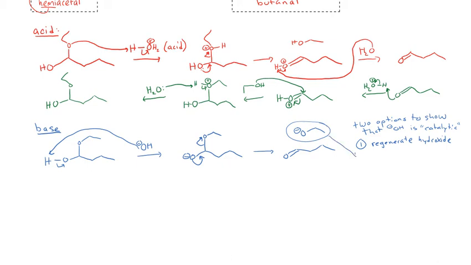And so we can show that by saying that this ethoxide is going to act as a base with the water molecule that was generated when hydroxide acted as a base.